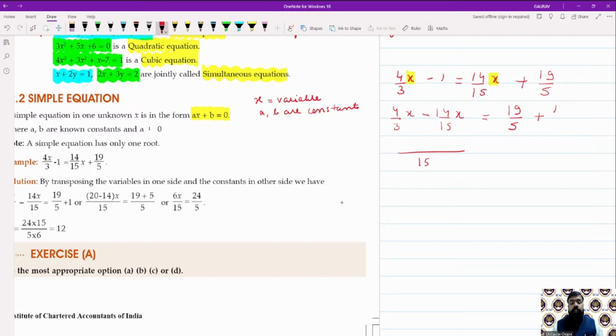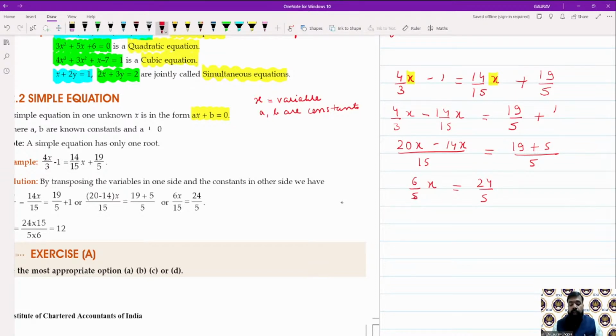Now 15 upon 3 is 5 and 5 into 4 is 20. So 20x minus 14x equals, here also we are taking the LCM, 19 plus 5. So what is the result we are getting? 6 upon 5x is equal to 24 upon 5.